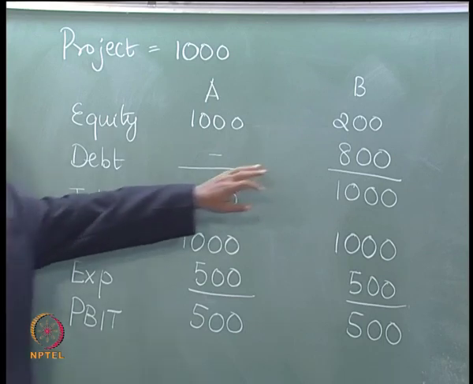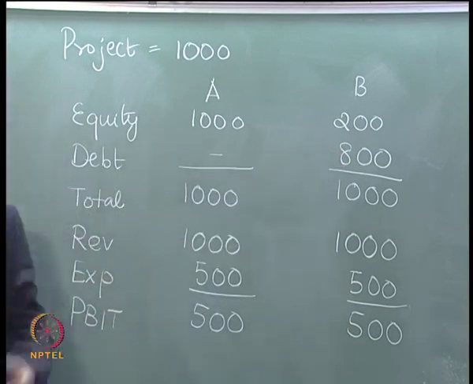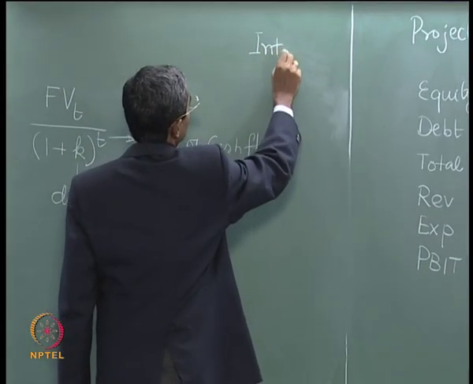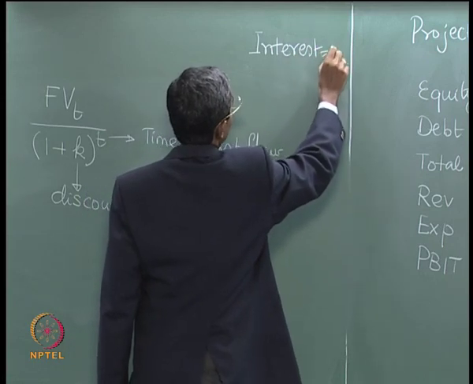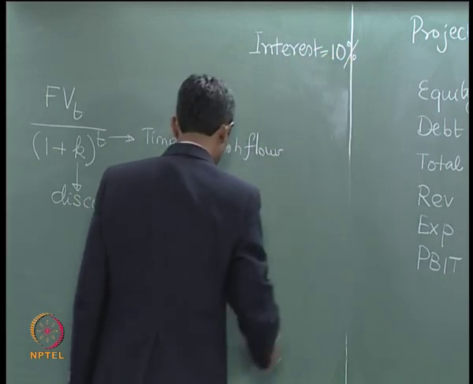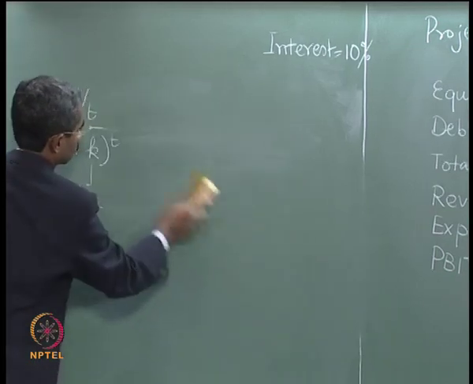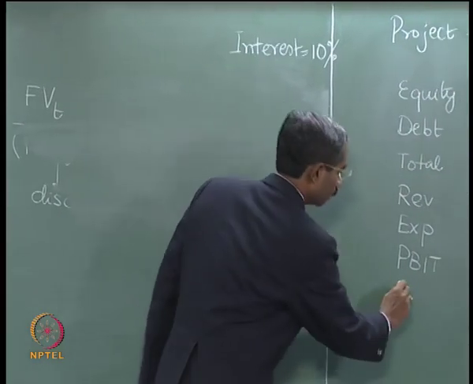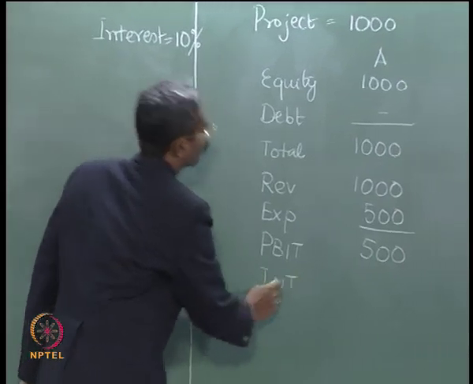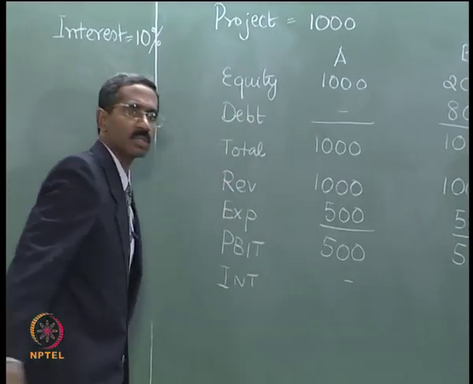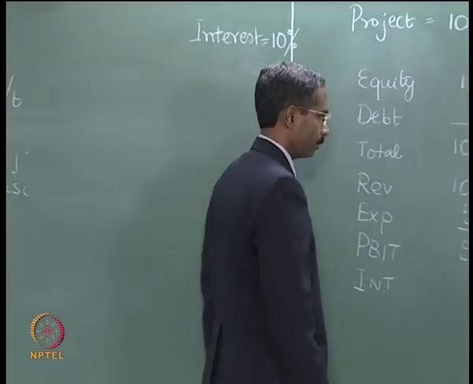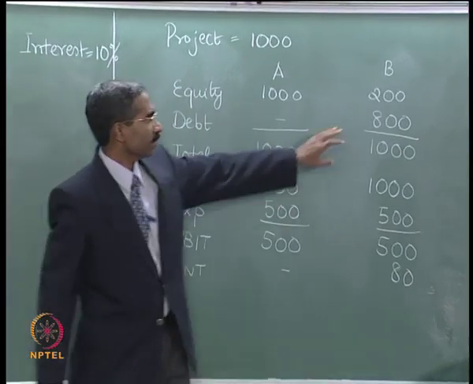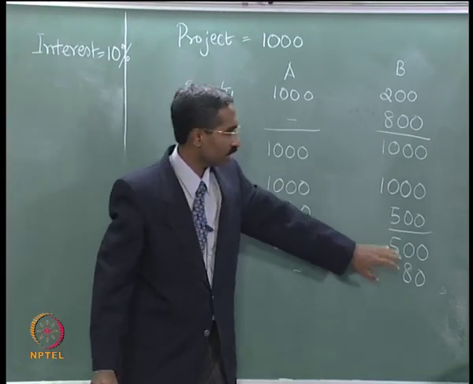Now, a company which has borrowed capital has to pay interest. If we assume the interest on debt is 10%, then the interest paid by company A is nil because the company has not borrowed any capital, and the interest paid by company B is 80, because the company has borrowed 800 and 10% of 800 is 80.